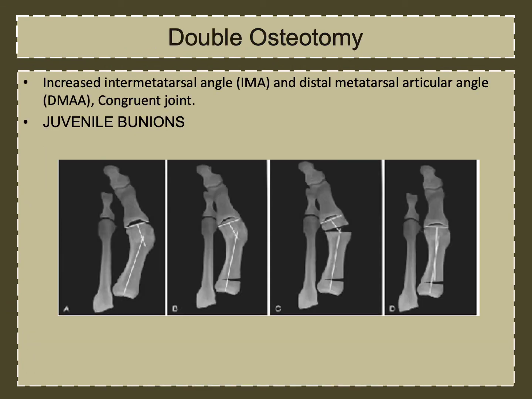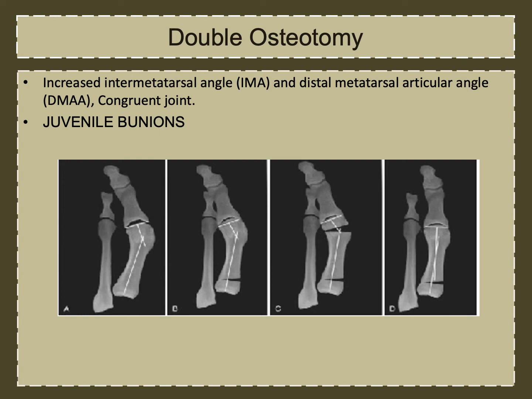The double osteotomy is one that is done, as you can see here, and I think this illustrates it very well. Thank you, Dr. Coughlin. This is a juvenile bunion with a high DMAA. This is a congruent bunion where the deformity is along the distal metatarsal. It's not so much that the metatarsal has fallen off of the joint, but that the joint itself is improperly angled.